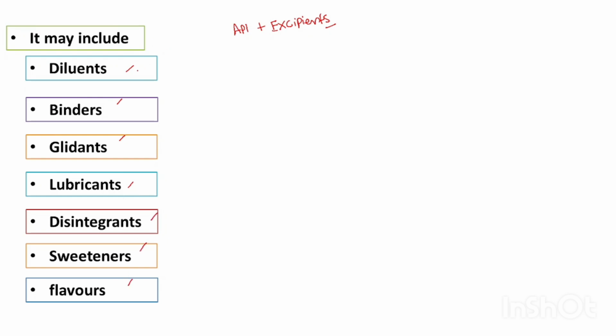So diluents, we already know these are the fillers. Binders are used in the tablet granulation process. Why do we need binders? They increase the adhesive properties of the granules, which results in strength in the tablet formulation, right.